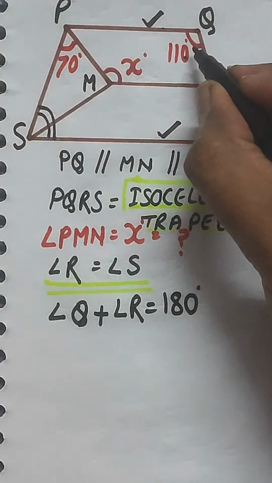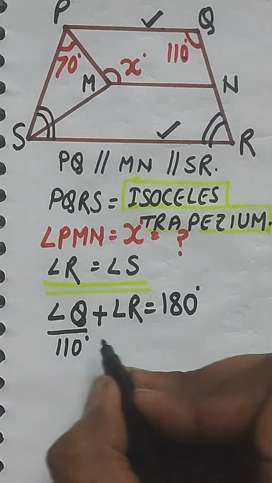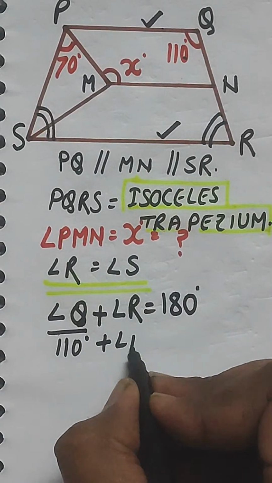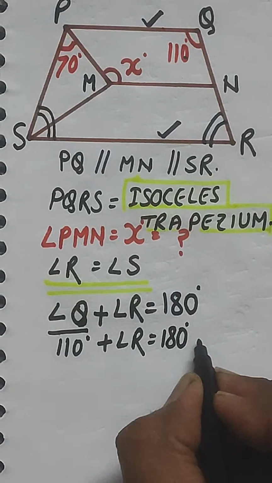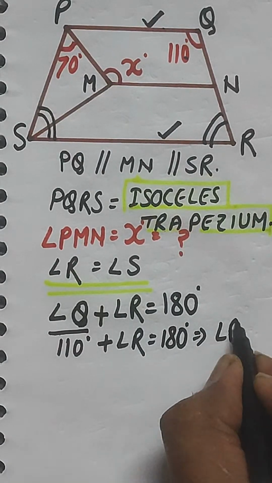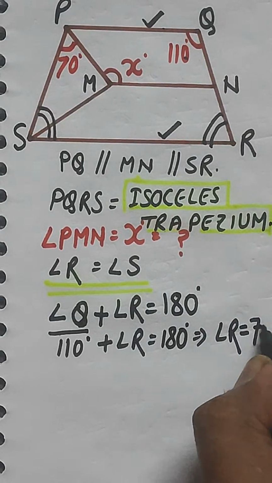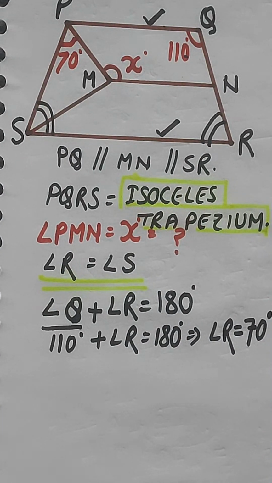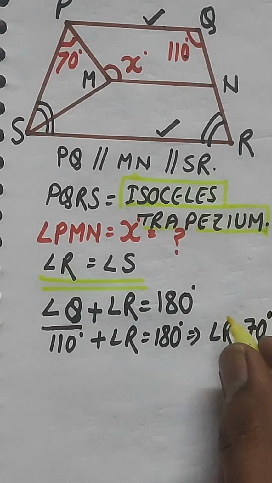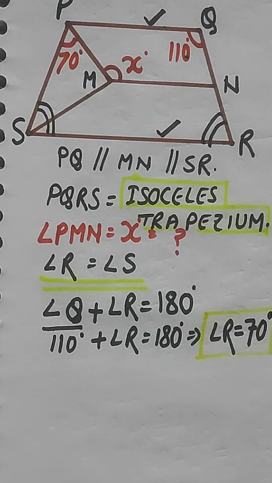When you put the value of angle Q as 110, then 110 plus R will be equal to 180 degree, and this will give you the value of angle R as 180 minus 110, that is 70 degree, right? So here we have calculated the measure of angle R, which is 70 degree.